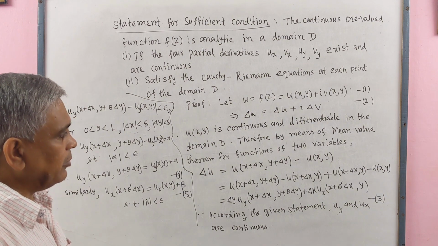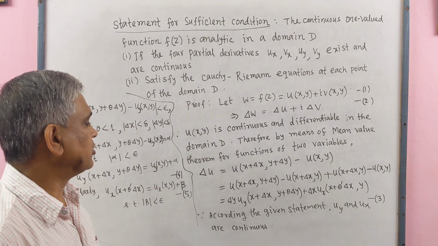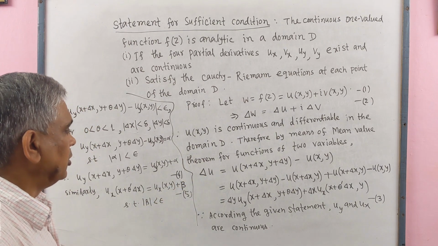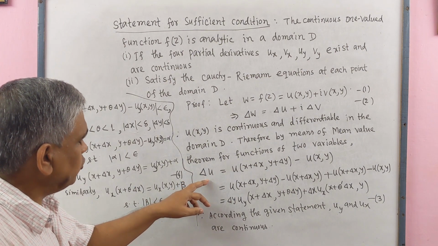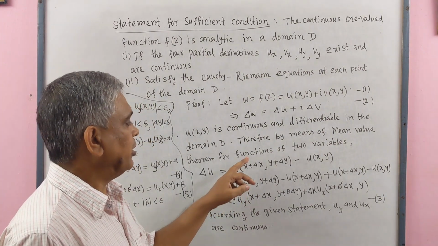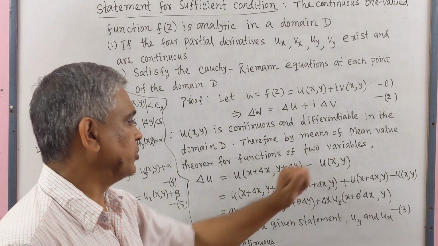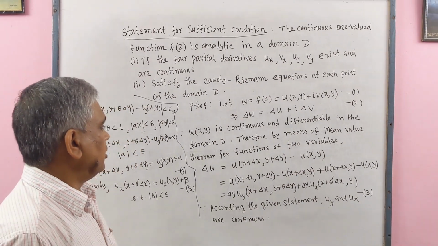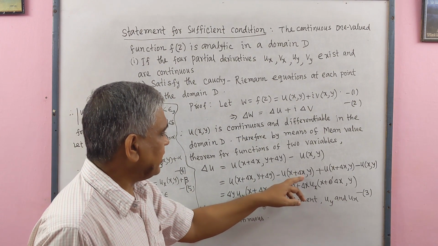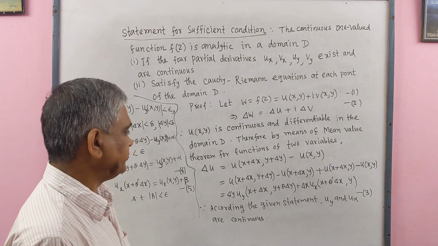in the domain D. Therefore, by means of mean value theorem for the function of two variables, we shall find the value of delta u. Since delta u equal to u(x plus delta x, y plus delta y) minus u(x, y). Here we subtract u(x plus delta x, y) and also add this in the next line.